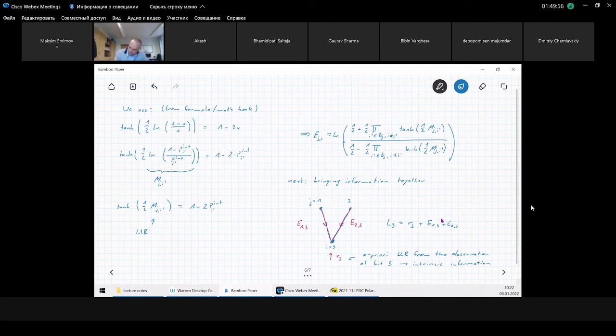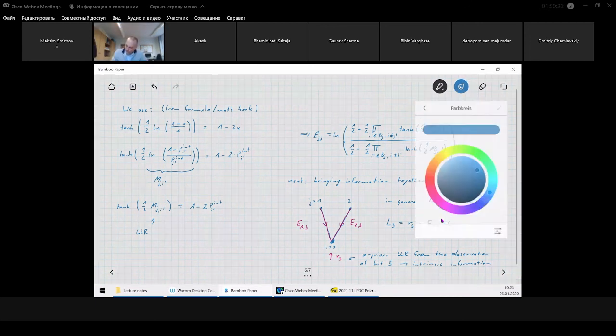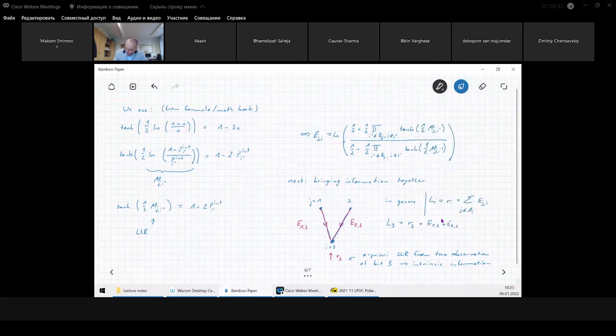Or in general, L_i will be R_i plus the sum over j element of A_i of E_j,i, where A_i would be the union of check nodes having a connection to bit node i.